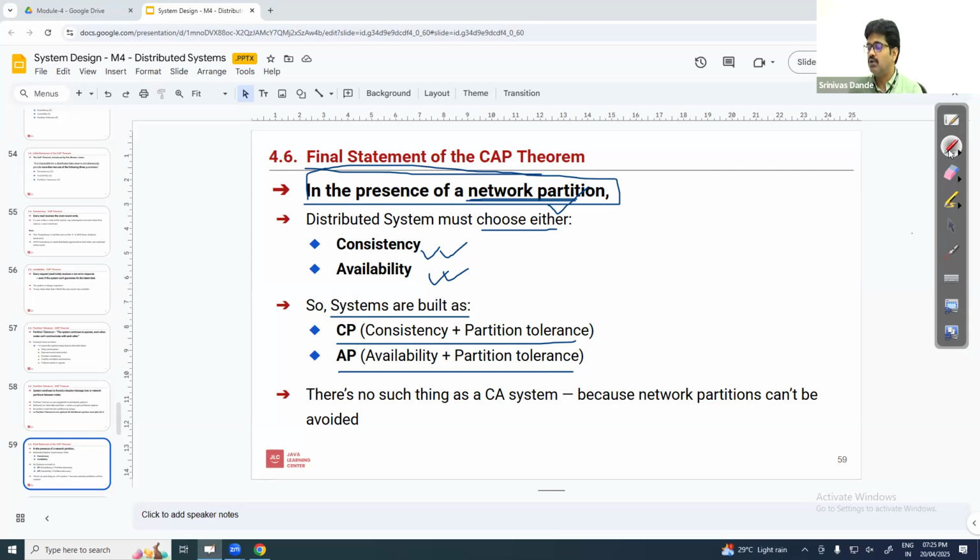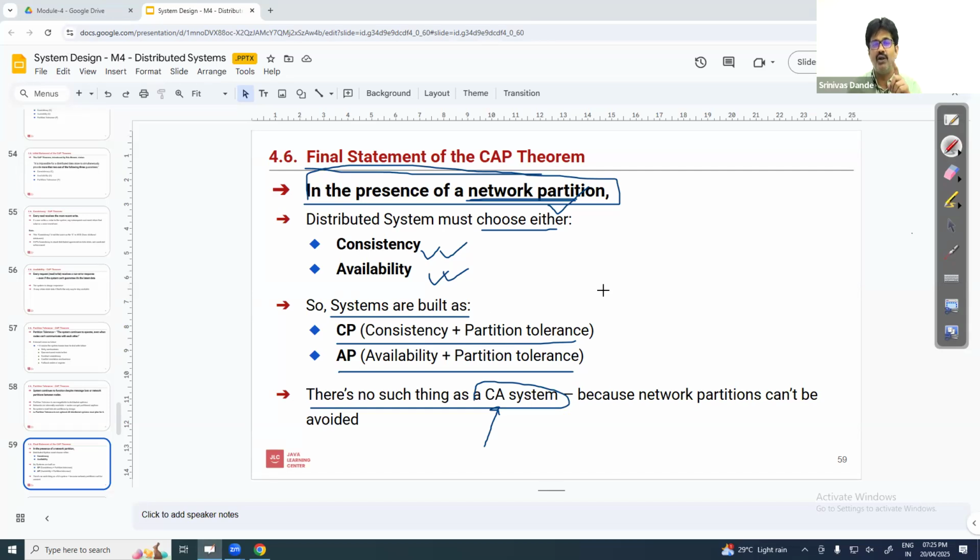So there is no such thing as a CA system. You can't find CA systems, meaning consistency and availability, in the world of distributed systems.